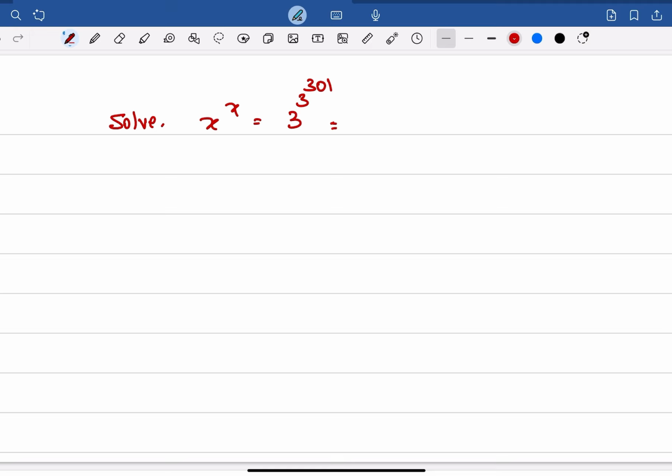That means 3 to the power of 3 to the power of 301. Just imagine how tough it will be to solve this for the value of x. It is astronomically, incredibly large. But still, we'll try to solve it.